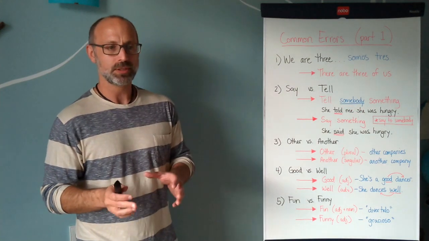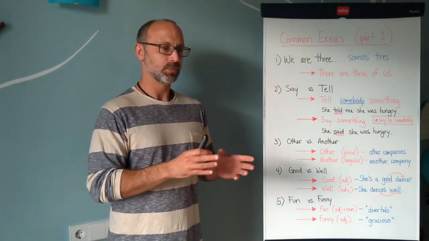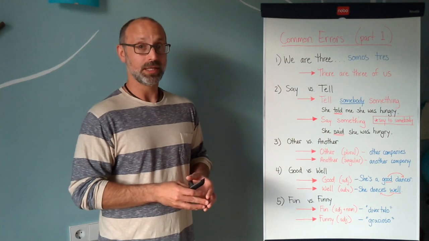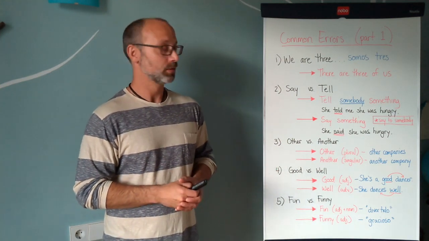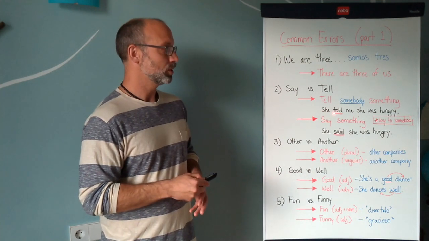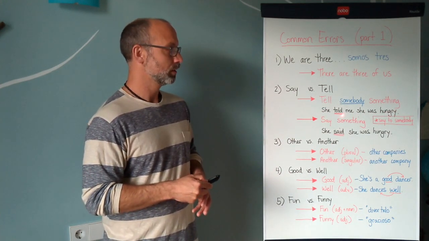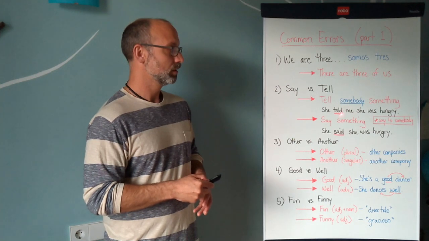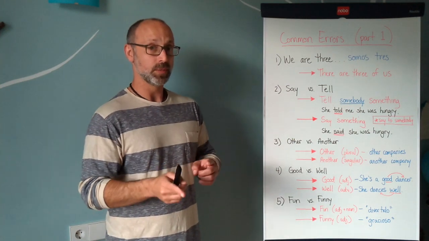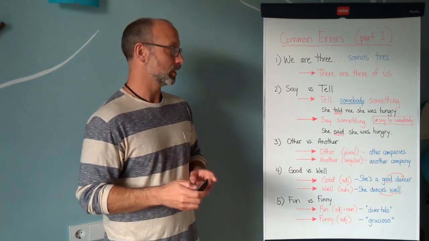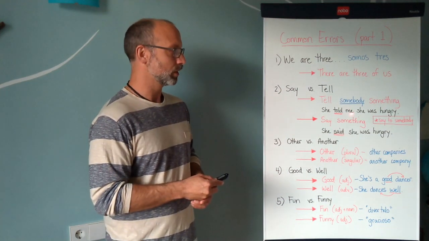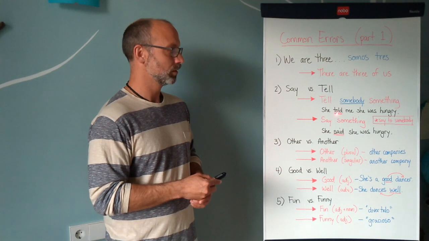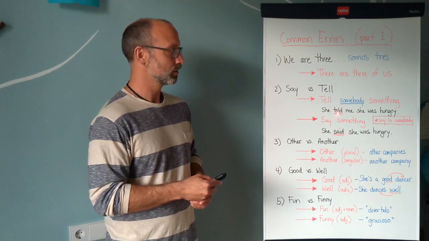Every time we want to include another person in the sentence, we have to use tell. For example, she told me she was hungry. She was speaking to me, and she told me that she was hungry. Since we want to include this information in the sentence, we don't have another option. We have to use tell, in this case told in the past.